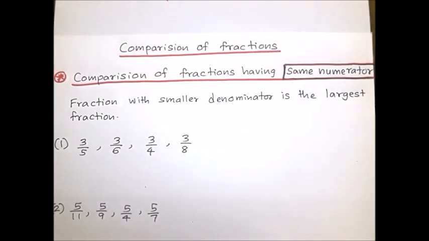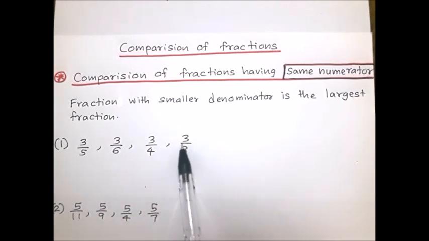Now think, if you have received 4 cakes with equal size. You cut first cake into 5 parts and 3 parts given to your friend. And second cake cut into 6 parts and 3 parts given. And third cake cut into 4 pieces and 3 parts given to your friend.